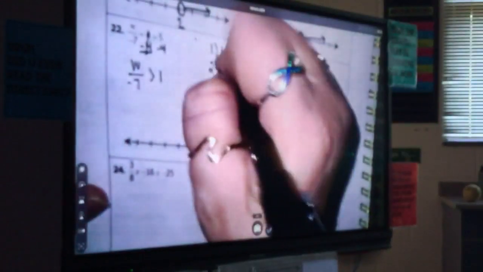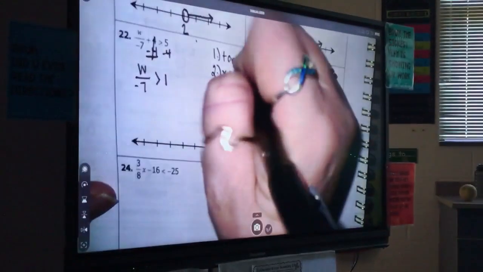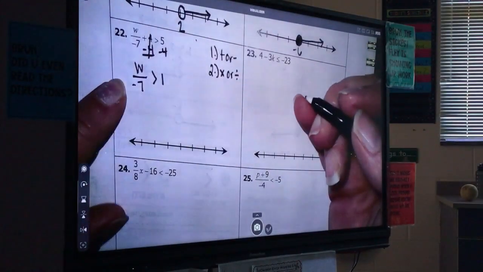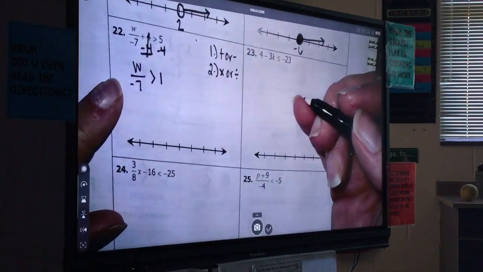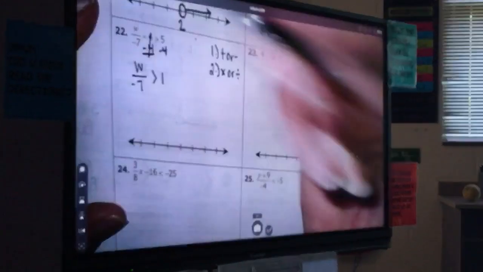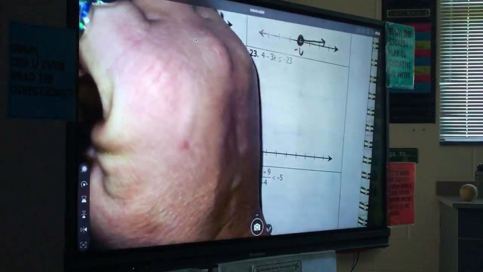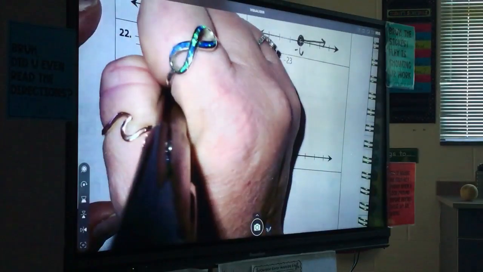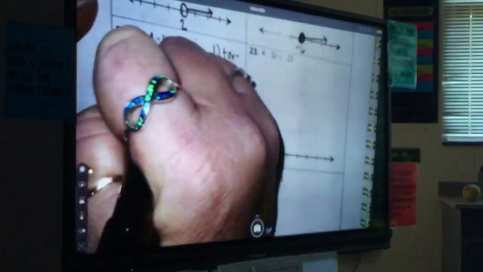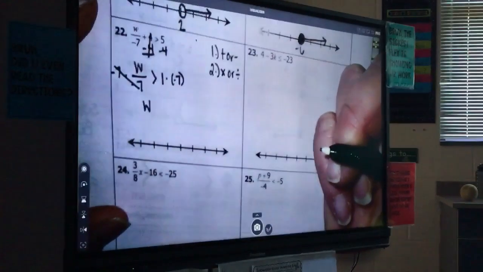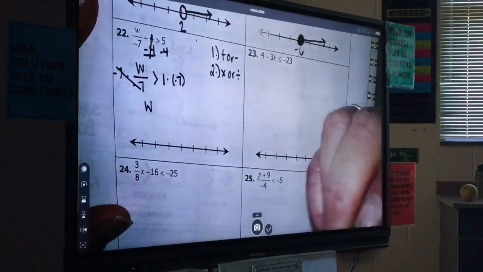Then I'm looking for multiplication or division. What operation do I have going on over here? Division. So what's the opposite of division? So I'm going to multiply by -7 on both sides. Multiply by a -7. So W, is this where I flip my inequality? Yes. Why am I flipping my inequality?